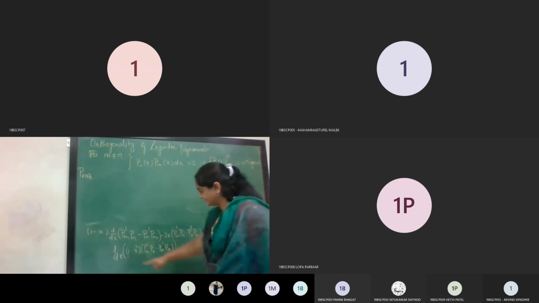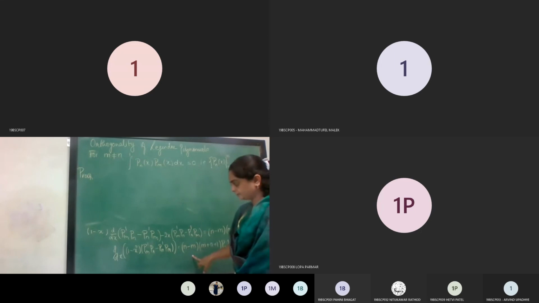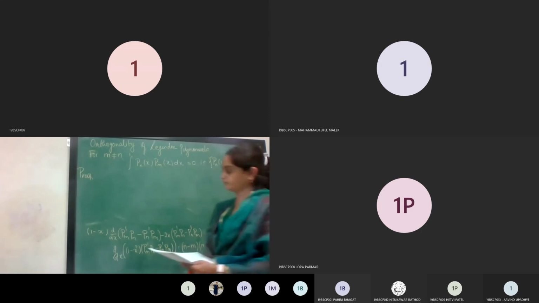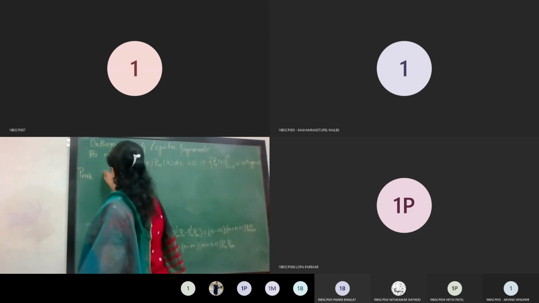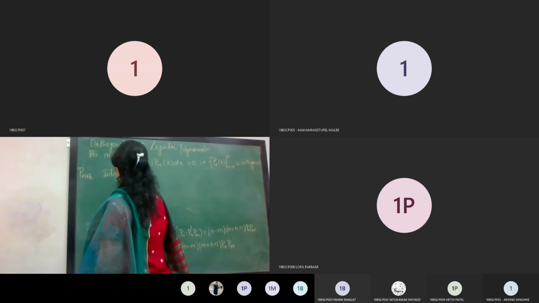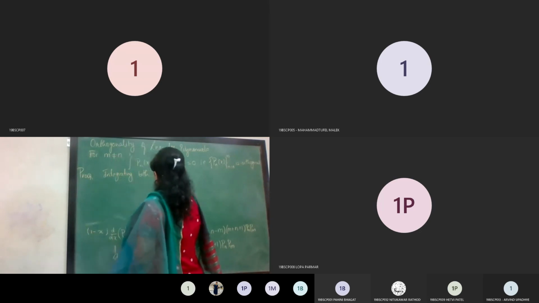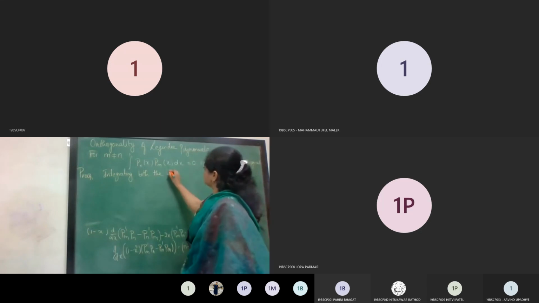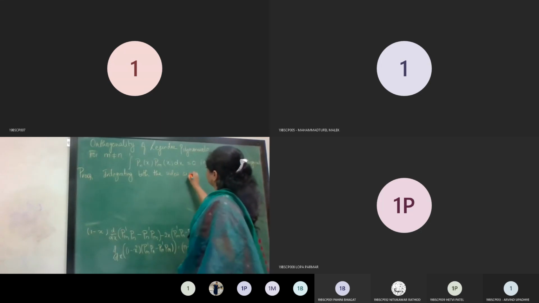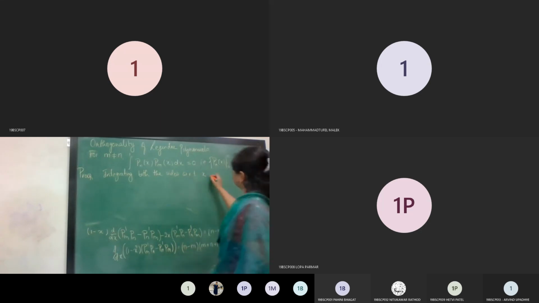So let us integrate this expression with respect to x from -1 to 1. What will we get? I can write here, integrating both the sides with respect to x from -1 to 1, dx.